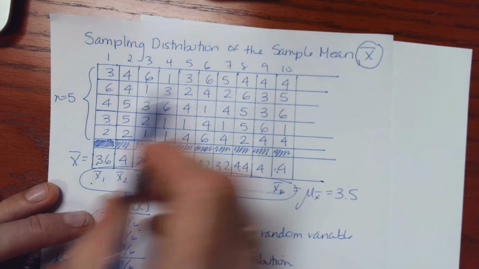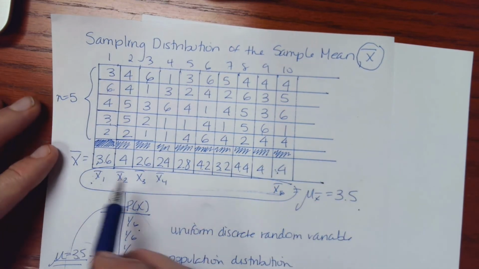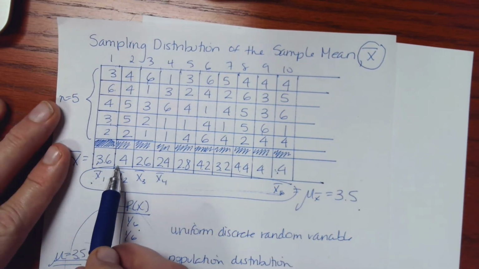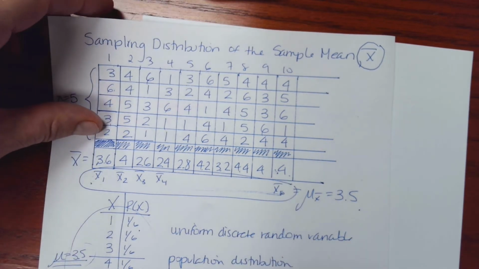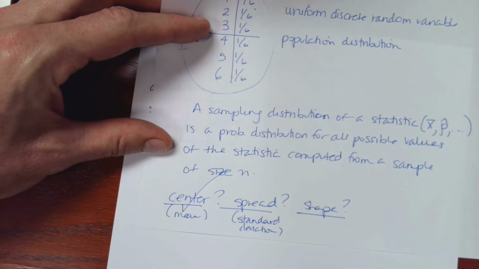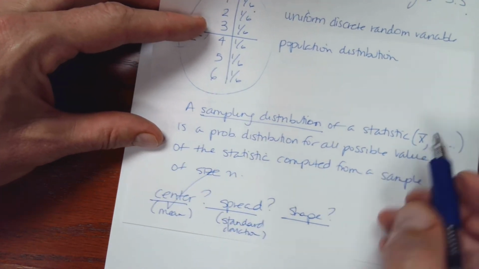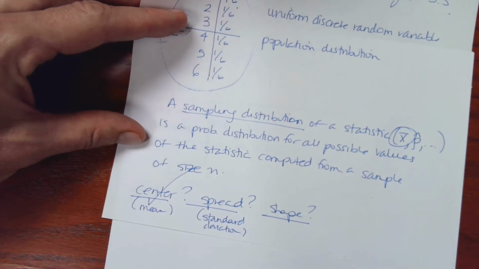I would expect the long-run average of the individual values to be 3.5. So will the long-run average of these sample means. That answers our first question about where the center of the sampling distribution is when the statistic is the sample mean.